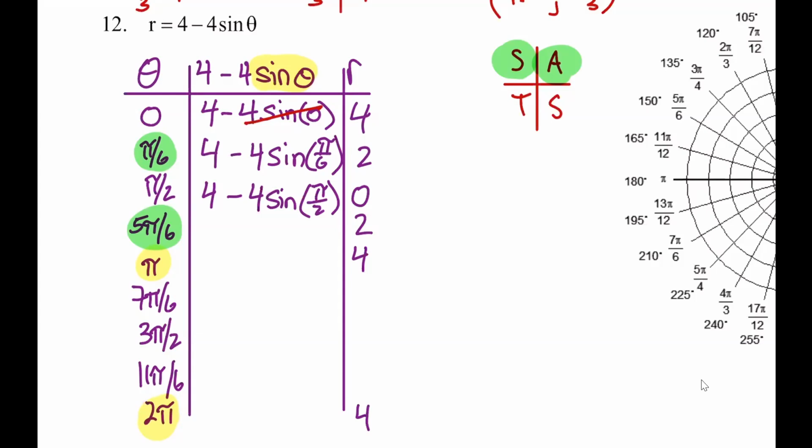Now, that being said, we have this and this guy. These are opposites of one another. They're on the opposite ends of the unit circle, but they also give sine values that are opposite of one another.